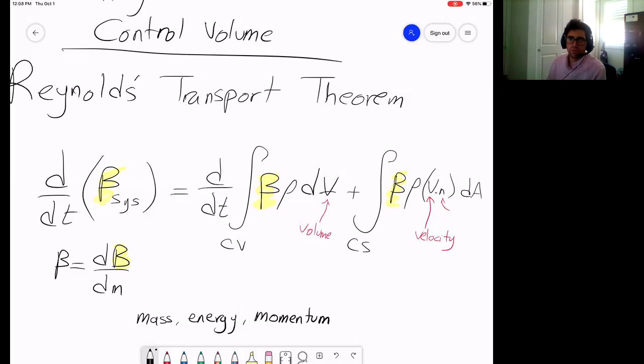So conservation of mass, everybody agrees mass is conserved, right? What about energy? Is energy conserved? Yes. And which law of thermodynamics deals with this one? Conservation of energy, if you're taking thermo or you've already taken thermo.